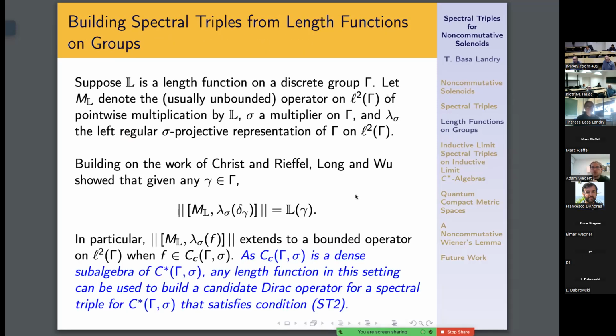Sorry, just a quick question. Your group is countable discrete, yes? So I think that it isn't necessary to write continuous functions with compact support. It is just finitely supported functions and all possible functions. Every function is continuous automatically. Your gamma is discrete, yes. So yes, I think that's true.